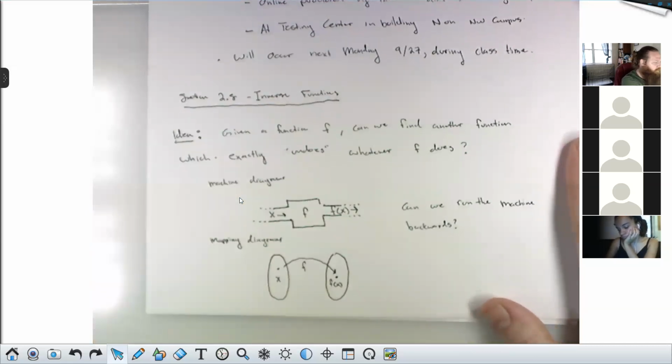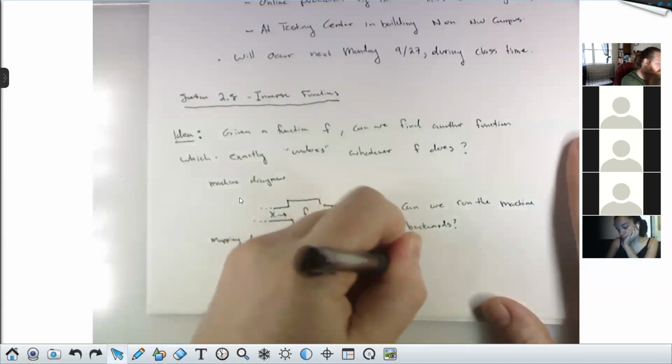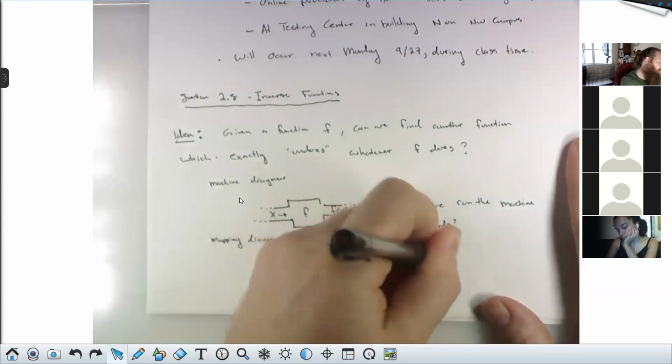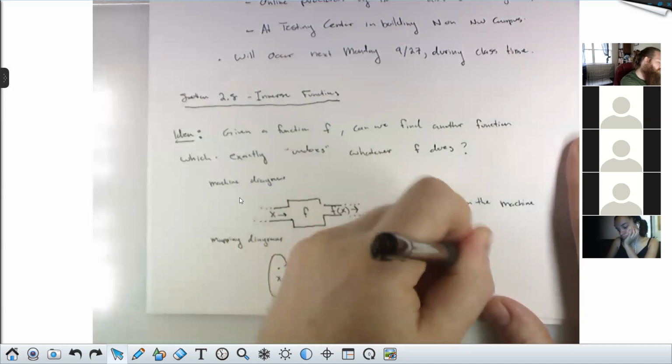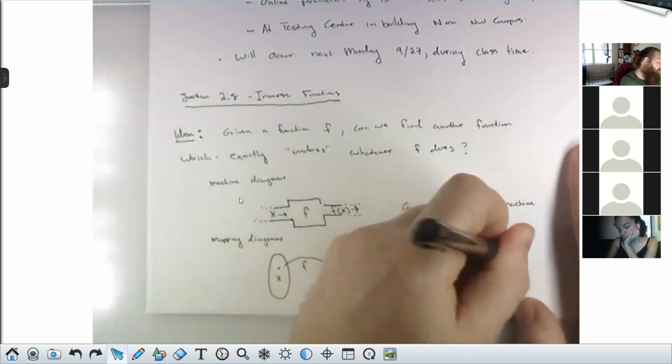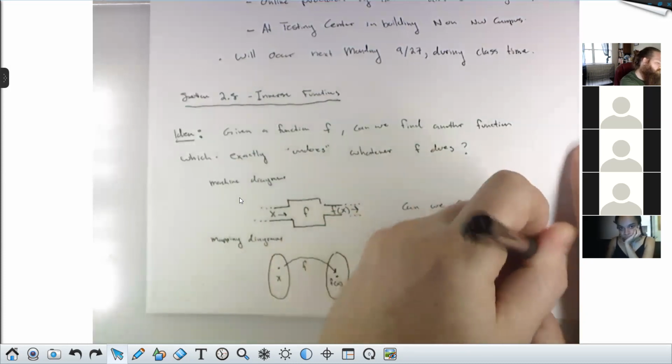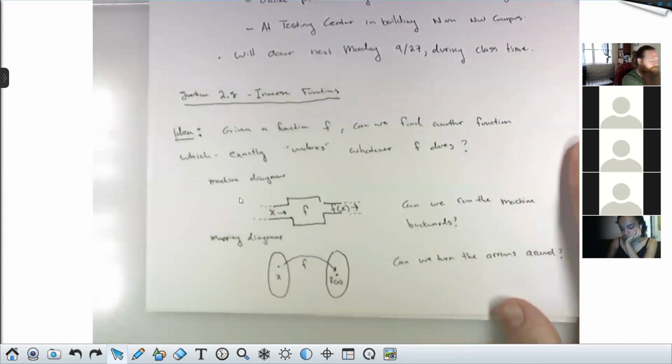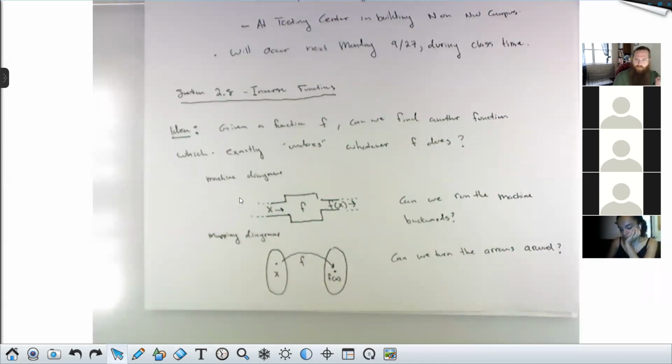What we want to know is, can we turn the arrows around? Right, and specifically, when we turn the arrows around, do we get another function? Or is that new mapping diagram we get not a mapping diagram for a function? Does it maybe violate the definition of a function somehow?